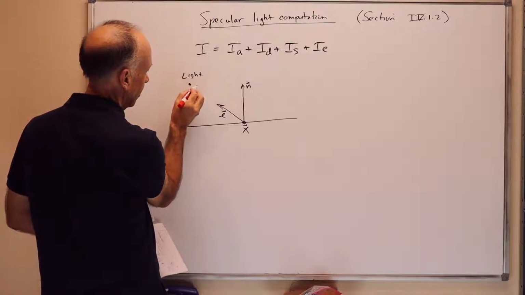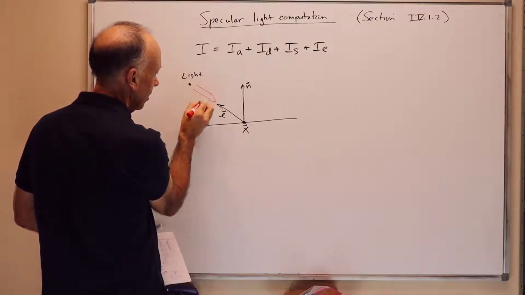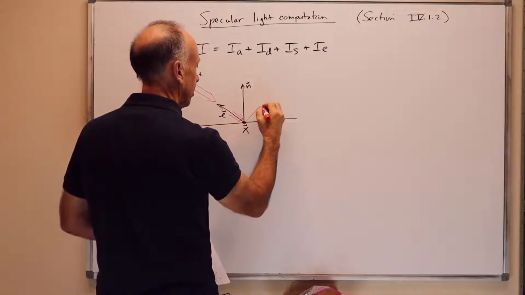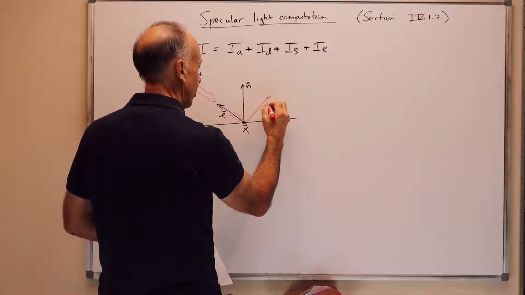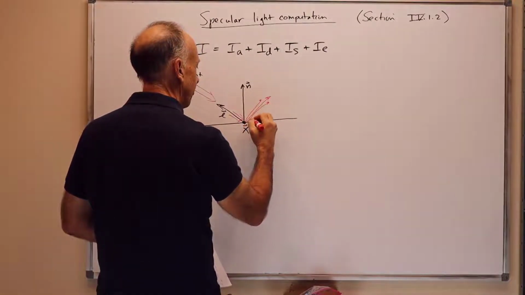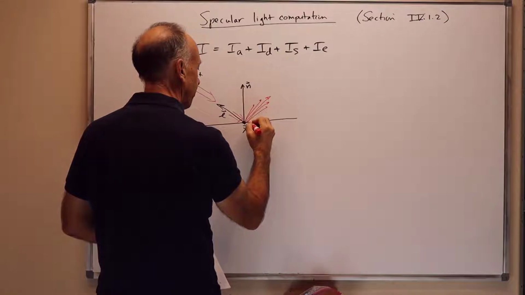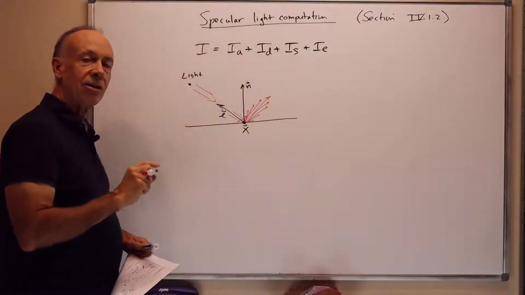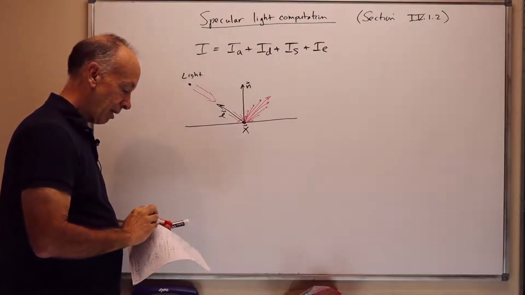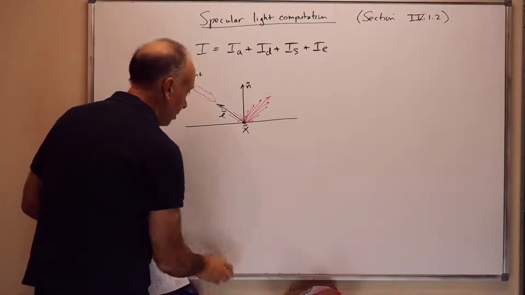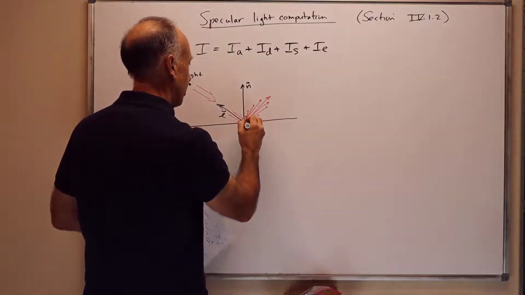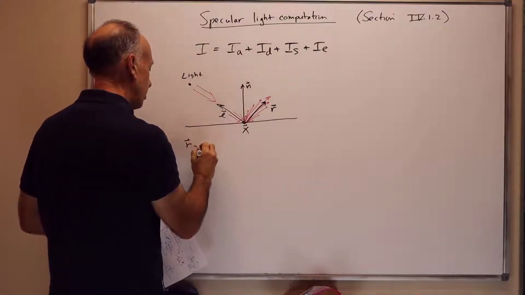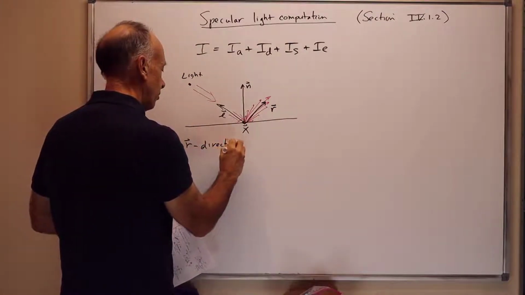There's a bunch of light coming in towards the point X, and it reflects off in mostly the direction of perfect reflection. So we think of the light as hitting the point X and then reflecting off, but with much less brightness as you get away from the direction of perfect reflection. The direction of perfect reflection I can draw as another unit vector, R, and R is the direction of perfect or mirror-like reflection.